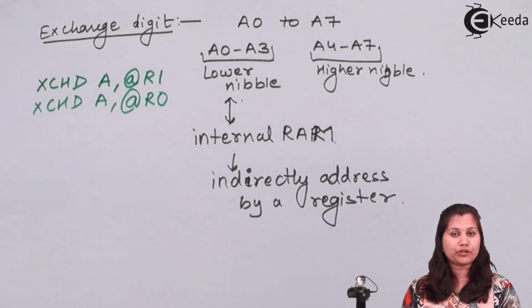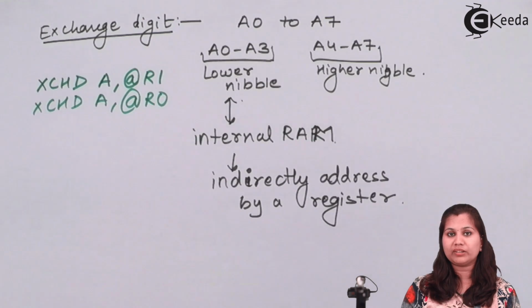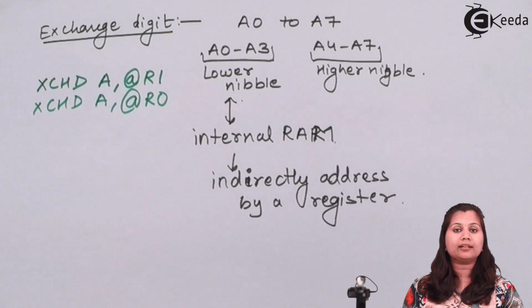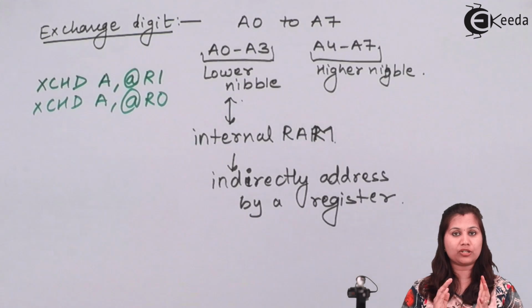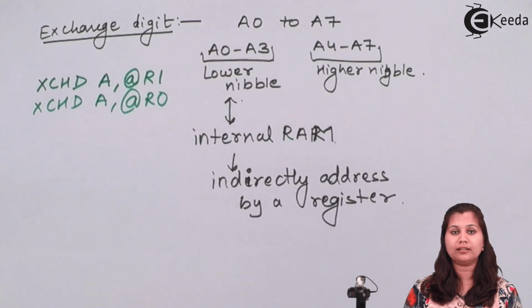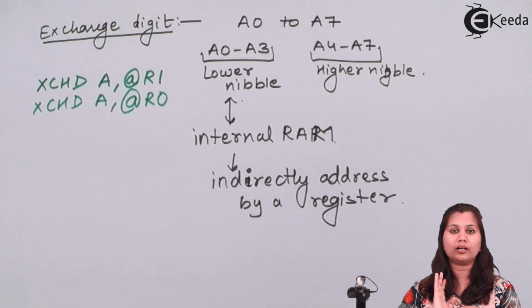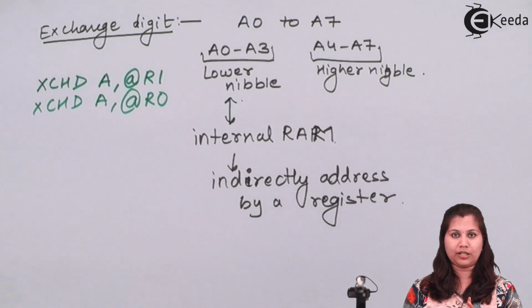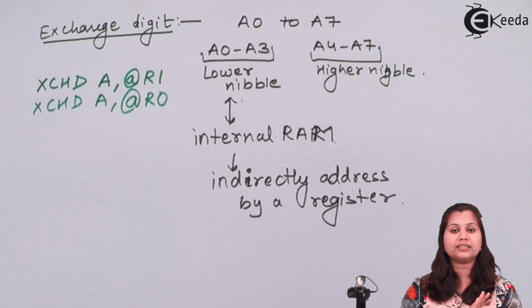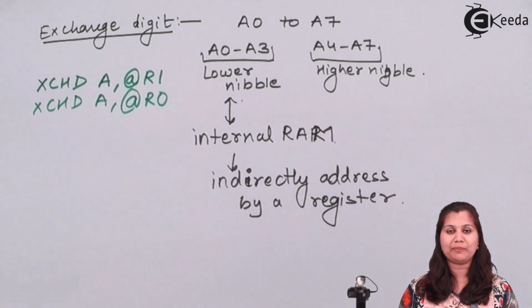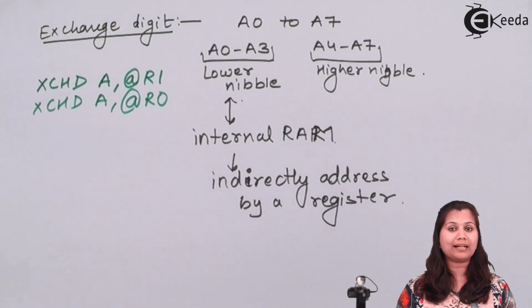Then we have the push and pop instructions, which are related with the stack operations, and third we have the exchange instructions, in which first we have the exchange of contents with the accumulator, and second we have the exchange digit, in which the lower order nibble of the accumulator is exchanged. Okay, so these are the various types of data transfer instructions in the 8051 microcontroller. So I hope that this topic is clear to you. Thank you.